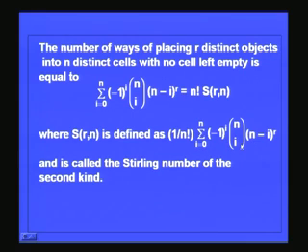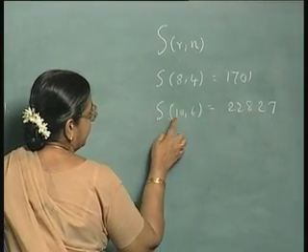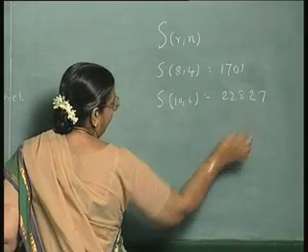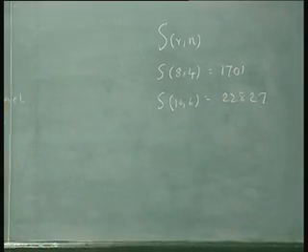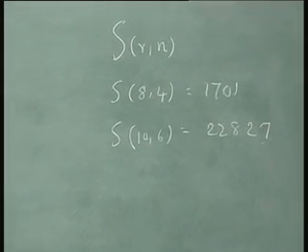These Stirling numbers are calculated for different values of r and n. For example, if you take S(8,4) the value is 1701, if you take S(10,6) the value is 22827, and so on. There is a table which gives you the Stirling numbers for different values.